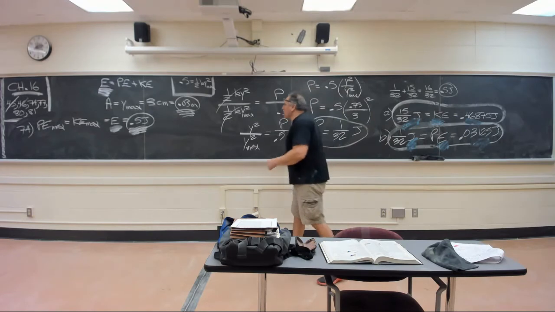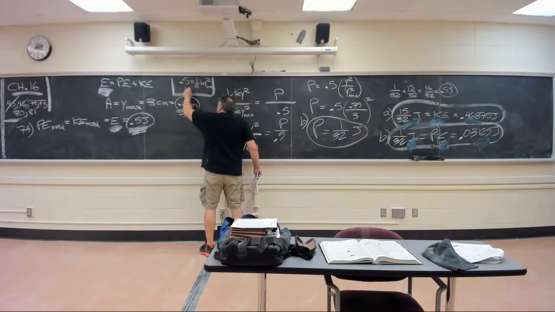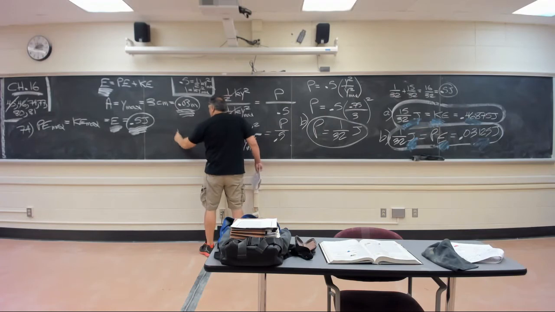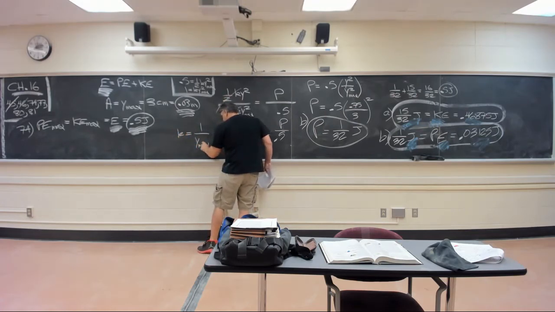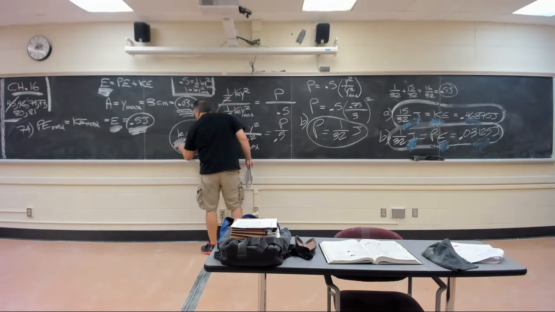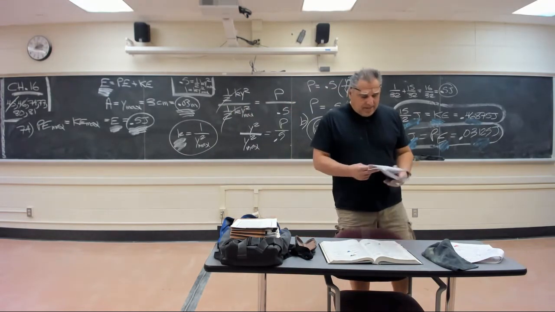Do all the algebra that you've got to do. Multiply by 2 on each side, divide by y max squared. k equals 1 divided by y max squared. That'll give me k, the spring constant.